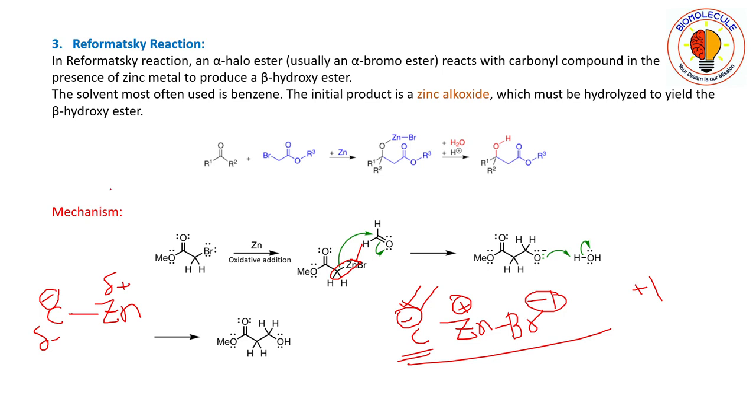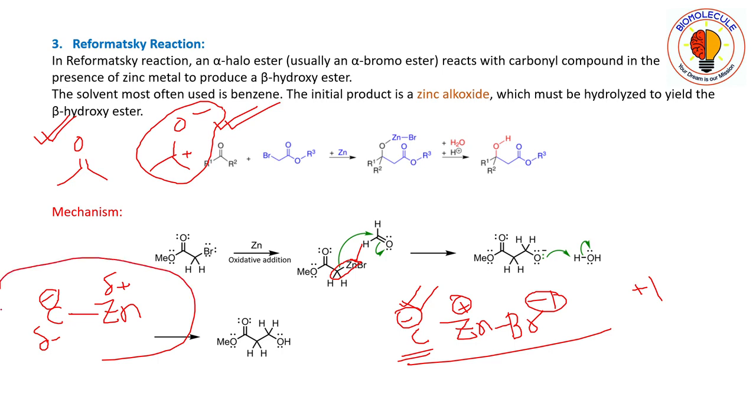That means we cannot write this carbonyl as O minus and carbon plus. This is just a canonical form, just a resonance form, just a theoretical concept. Okay, so we will be able to understand.